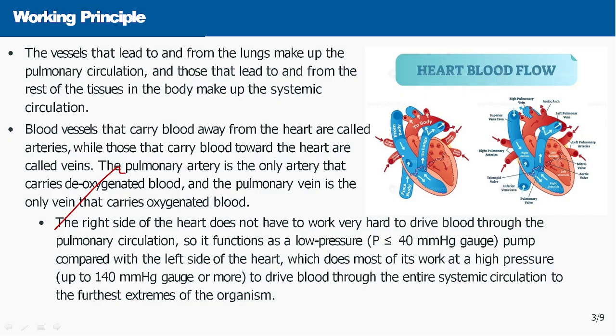Now here in this picture, on this left side and right side, between the right atrium and right ventricle there is one gate or valve you can mark here, and similarly another valve from the right ventricle to the lungs.